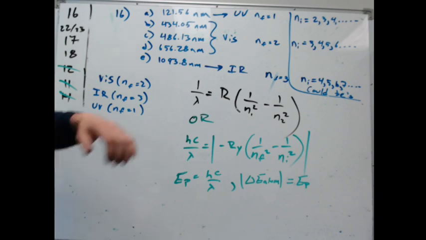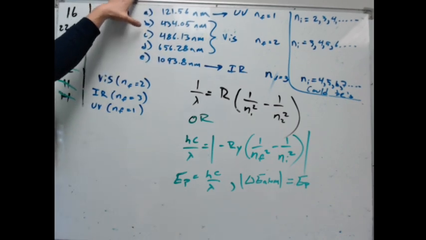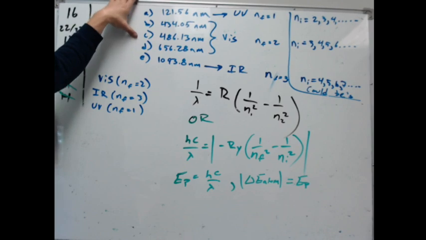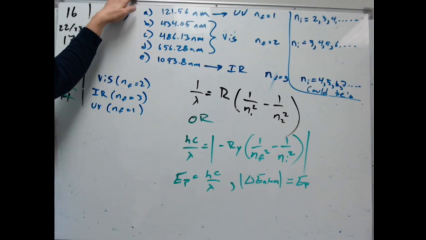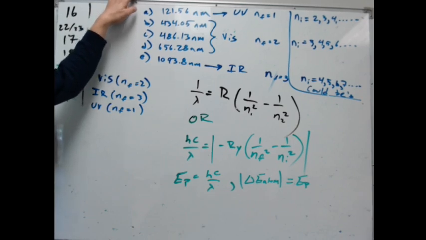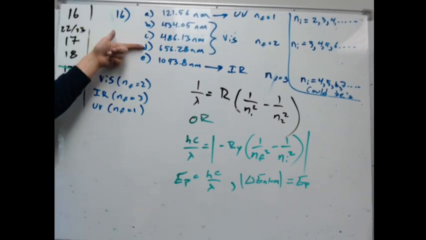One of the fun things we can do just conceptually, let's again go concept-based. We know for the visible, n final is 2. What would be the lowest energy wavelength out of our choices? 656.